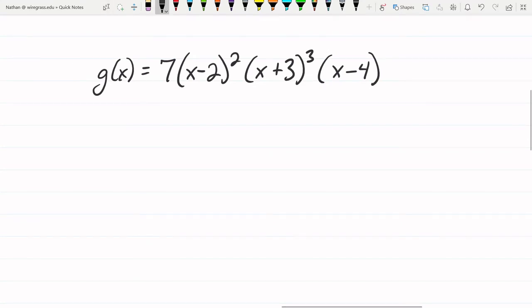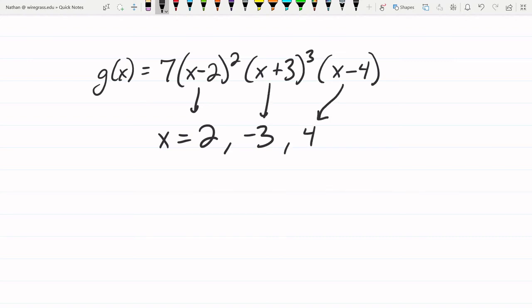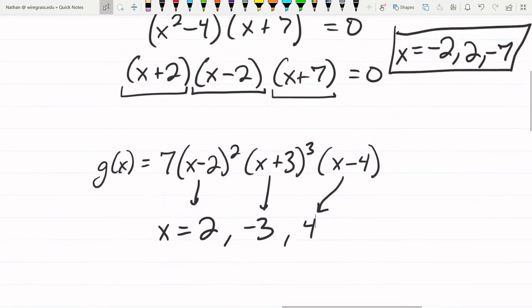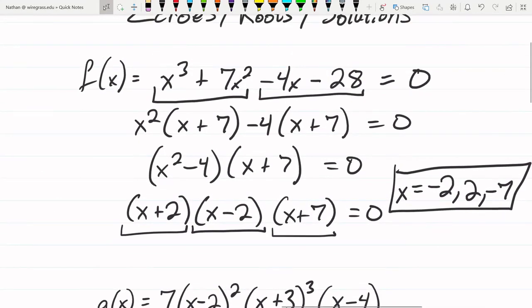And here we have x equal to positive 2, that's from this first one here, negative 3, that's from this one, and positive 4 from this last term. Now in the previous problem, you may notice that we had 3 zeros and a degree of 3.